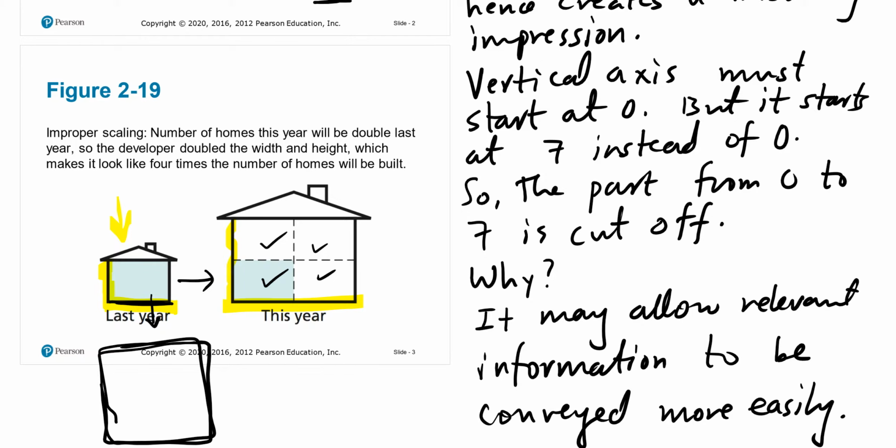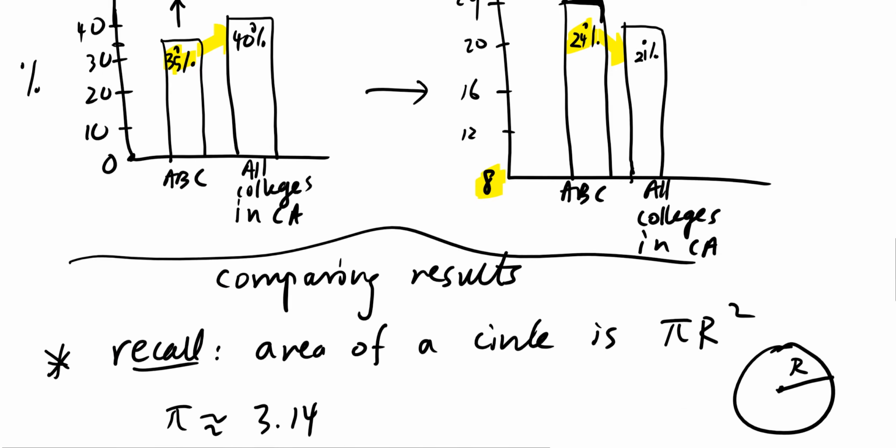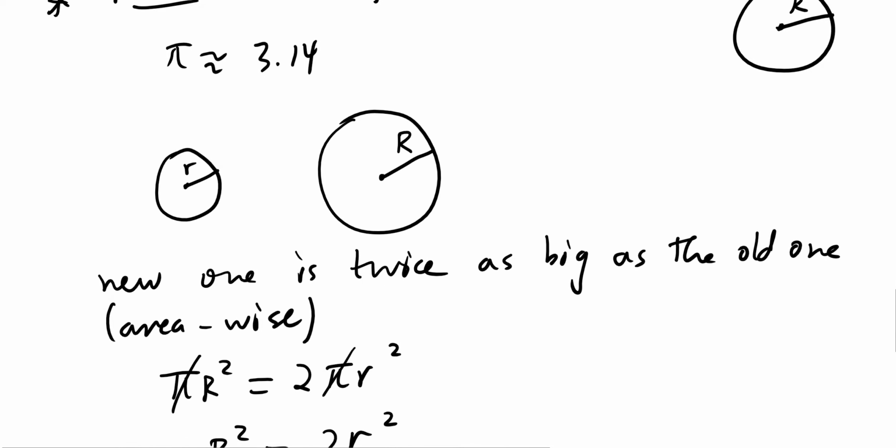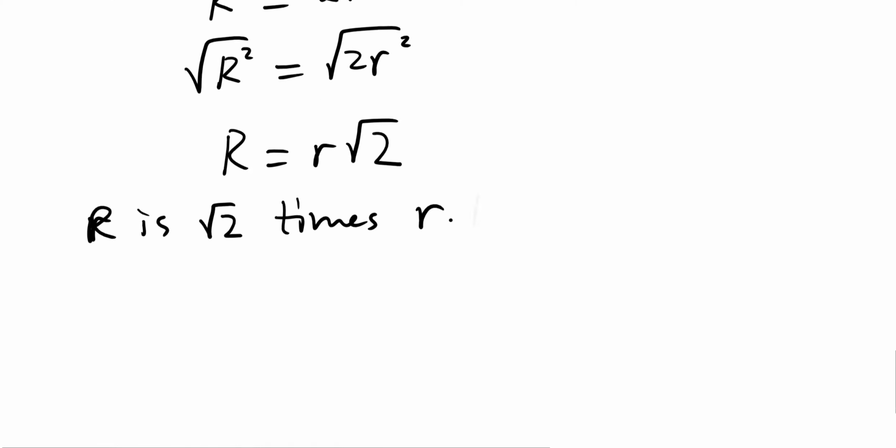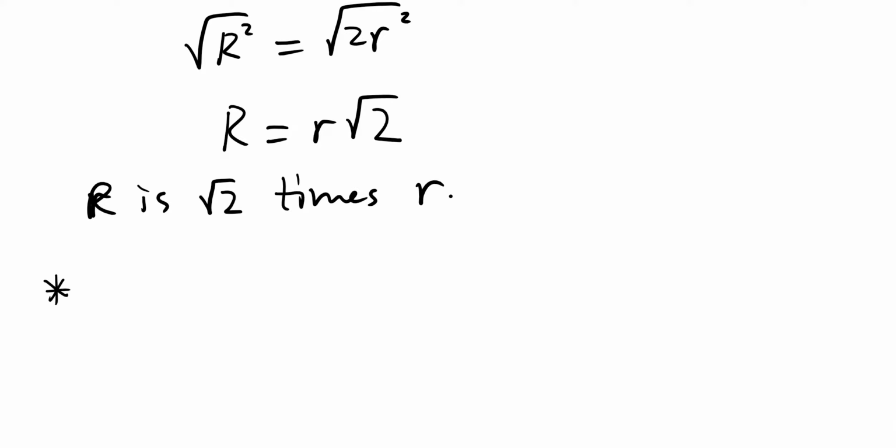So this is important. Back down to the circle, if I double the radius of the small circle and it becomes capital R, what happens? In general, if small r is 3, and I want to double it, so capital R becomes 6.